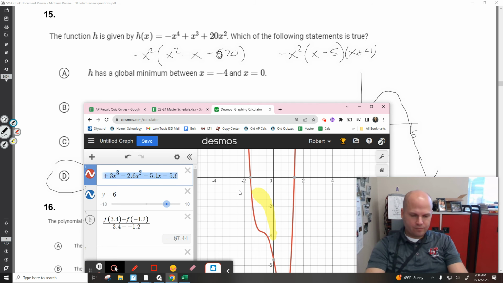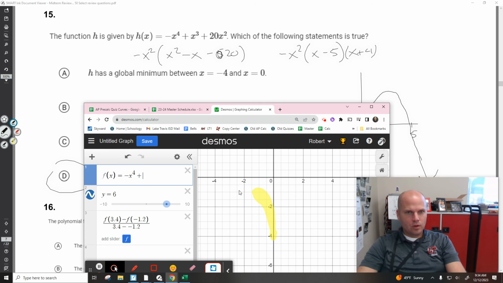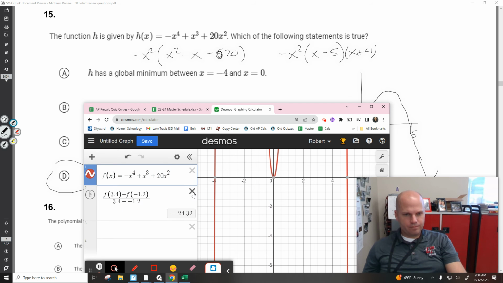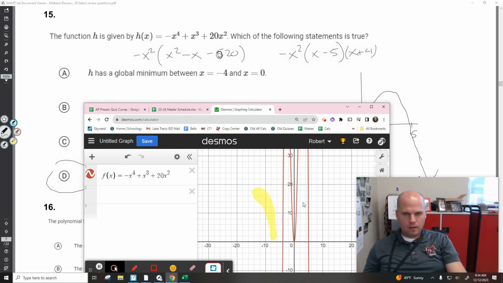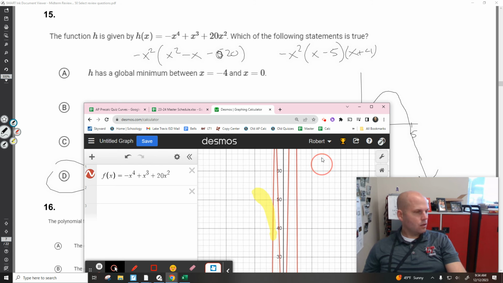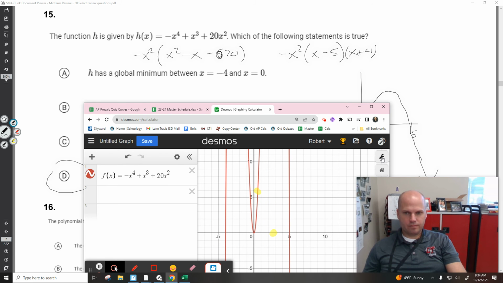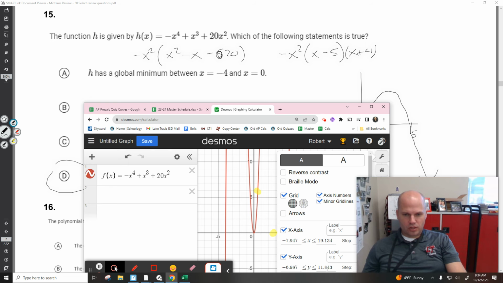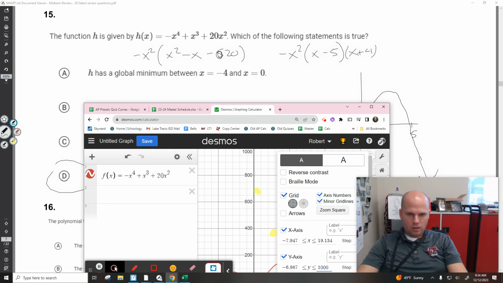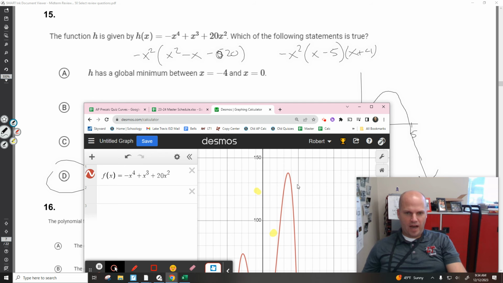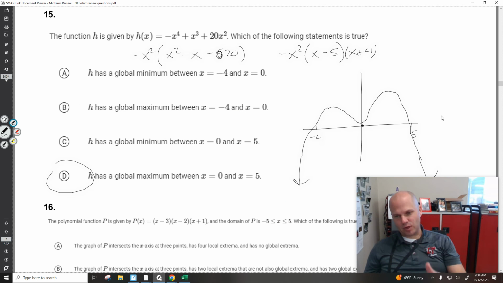If I graph negative x to the fourth plus x cubed plus 20x squared, you should see, yep, a maximum between 0 and 5. I don't love the question. Probably just understanding you have a global maximum is better for me.